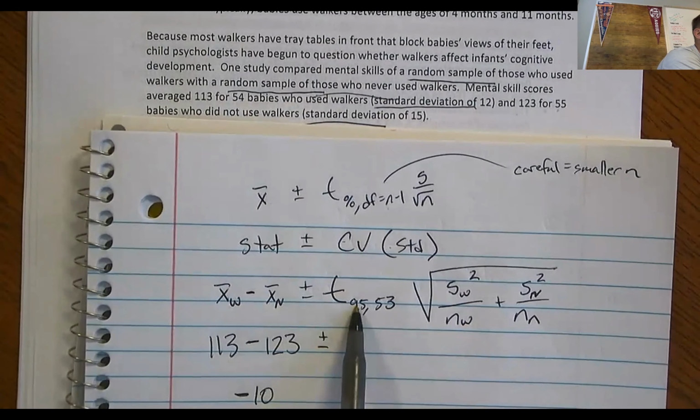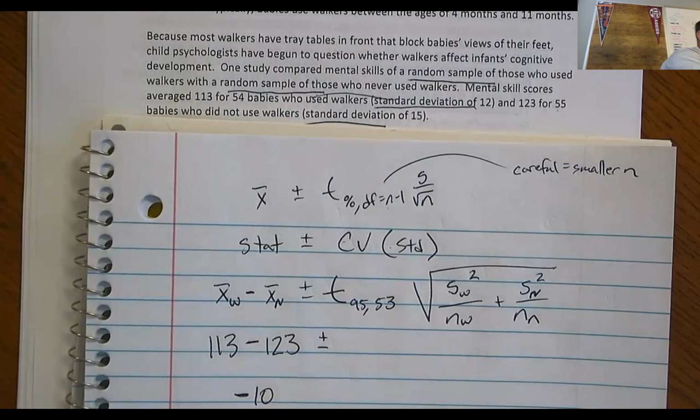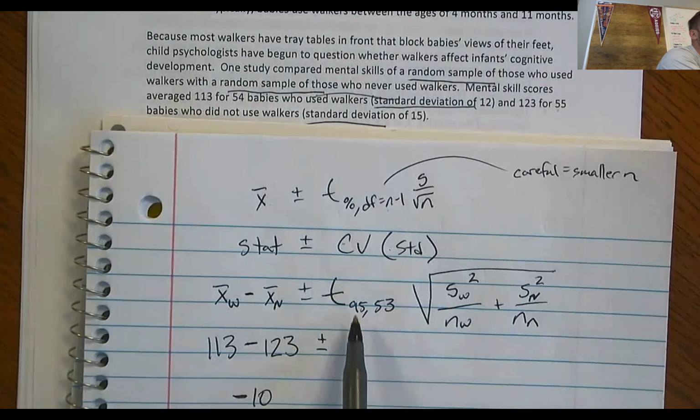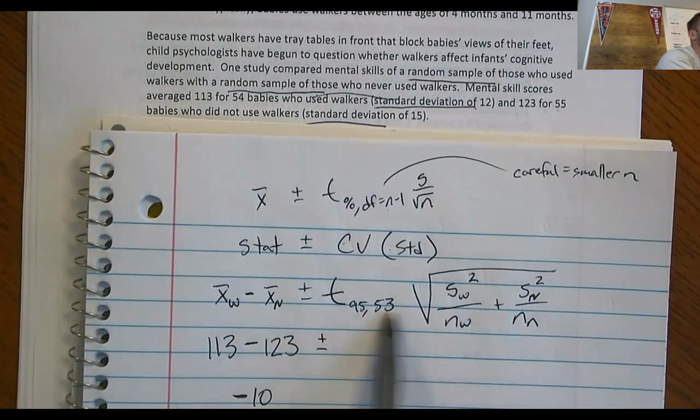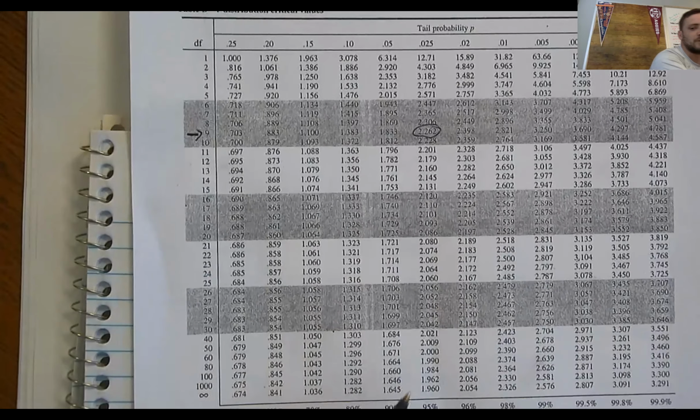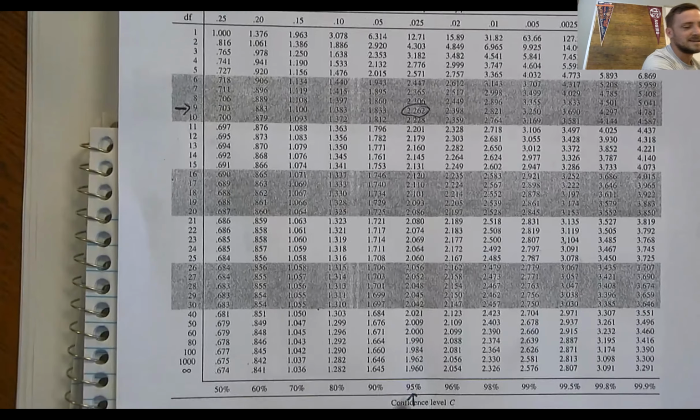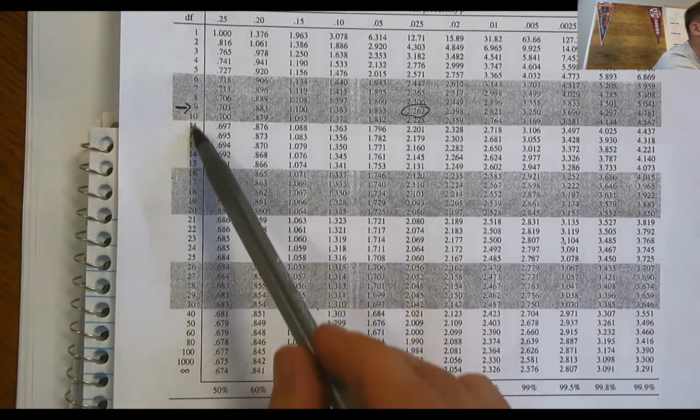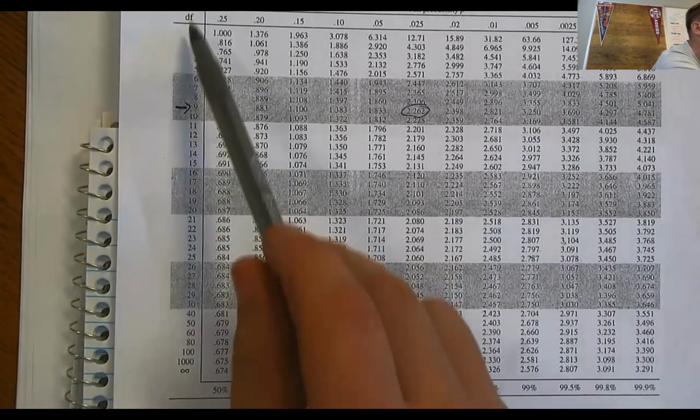What about my t-score? So we go to our handy dandy t-chart, and we need to use 95% confidence and degrees of freedom of 53. So let's go to our t-chart and start with our degrees of freedom. Uh-oh, guys, look at your degrees of freedom column. I don't see 53 on here.